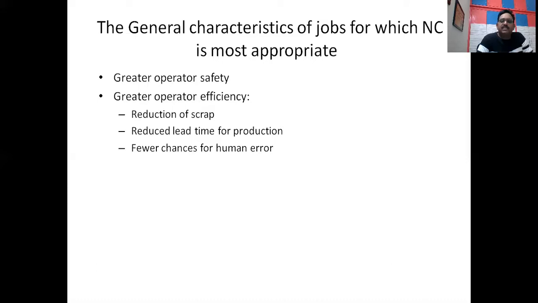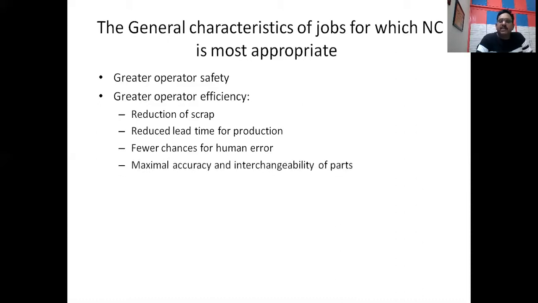there will be fewer chances of human error, because traditional machining depends purely on human intervention, that is, operator skill. If it is not done properly, if the operator makes some mistake or human error, then obviously the job will go. That means the quality of the job and the efficiency of the product will be reduced. Therefore, there will be fewer errors.